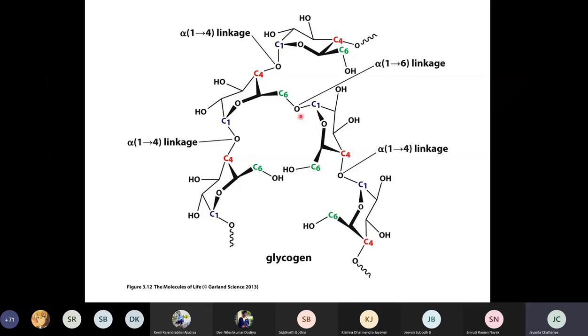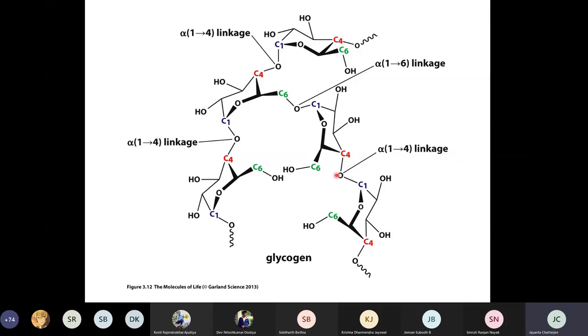So if you look at this one, it is engaged in the alpha 1,6 linkage with the C6 hydroxy group of another glucose. Likewise, with the C4 hydroxy group, it's engaged in another glycosidic bond with another glucose unit.